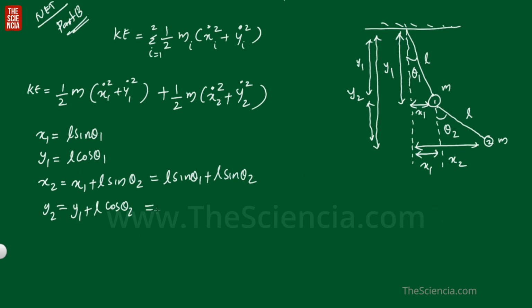We know the y1 value, so y2 is equal to L cos theta 1 plus L cos theta 2. Now the problem is over. You just take ẋ1, ẏ1, ẋ2, ẏ2, take their squares and add them. This is simple work, so I give this as work for you.